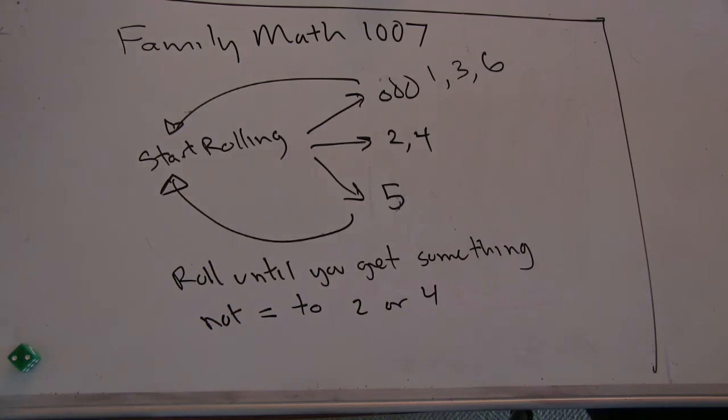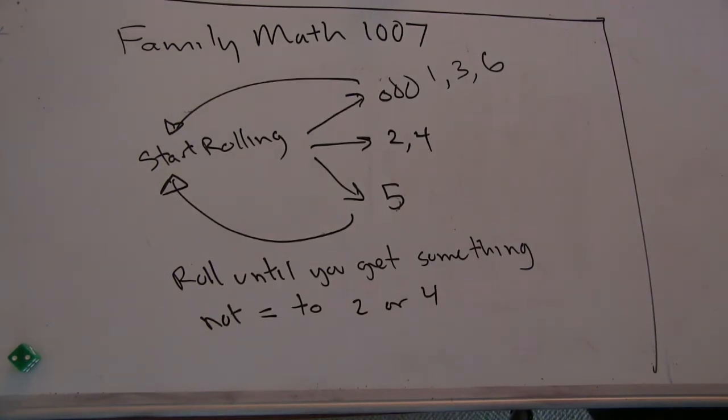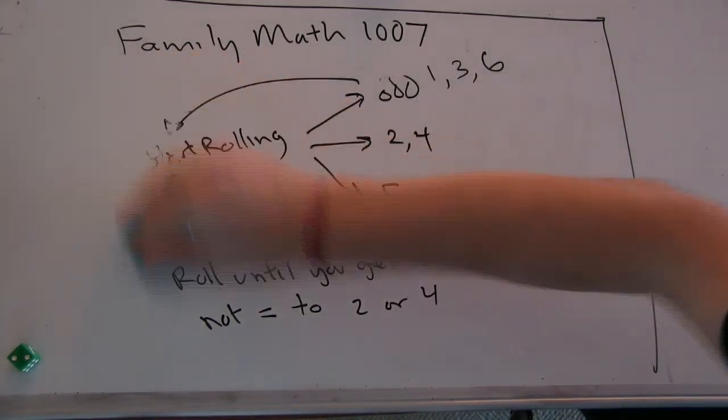So in some sense, the 1, 3, 5, and 6 are all playing the same role here. And since they're all equally likely, we'll just pretend that they're all the same, because they're all sending us back to the beginning. It's a very clever idea. But this makes it really easy to figure out the probabilities.